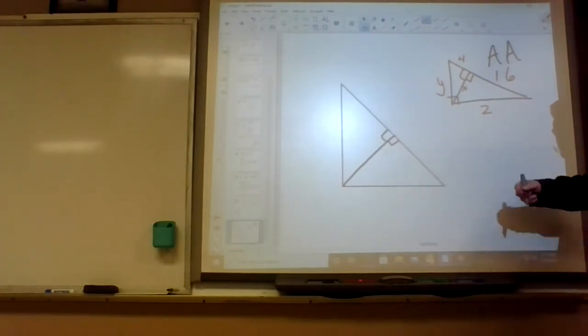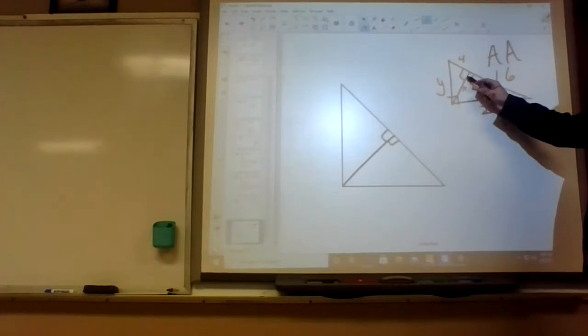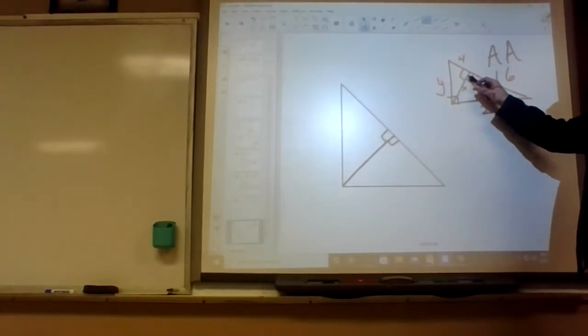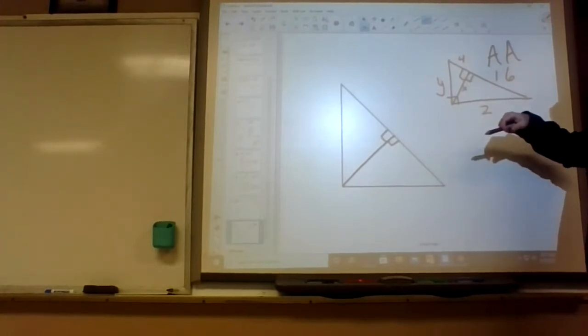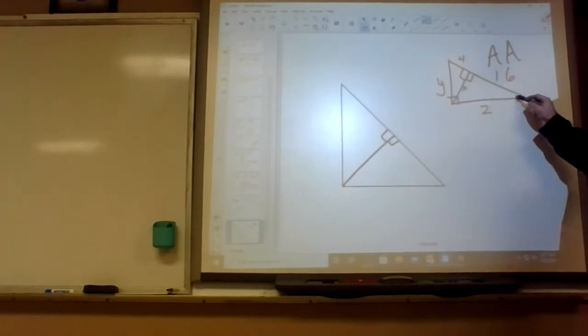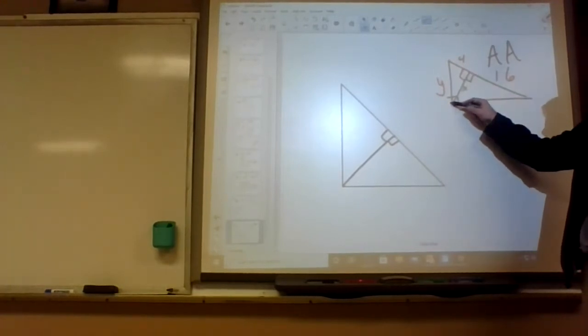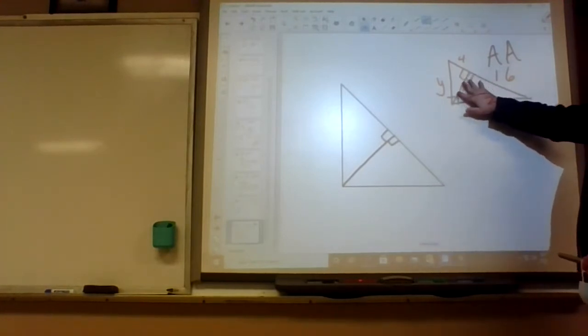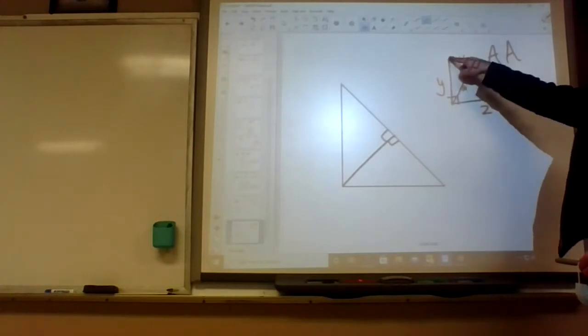Anyways, this little leg on this triangle, from there to there, what would that match on the big triangle? X on the little triangle here matches what on the big triangle? Y. Yeah, X on the little triangle, this short leg, matches Y.